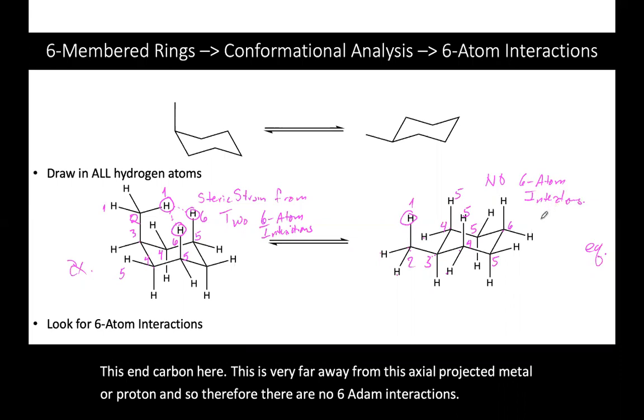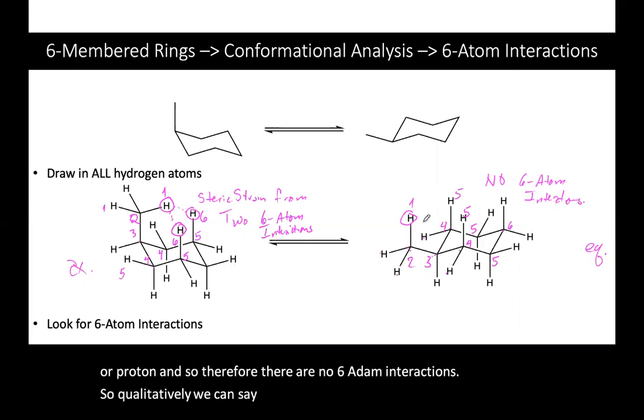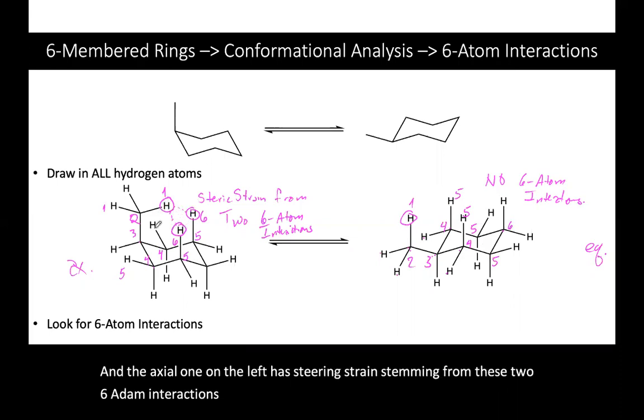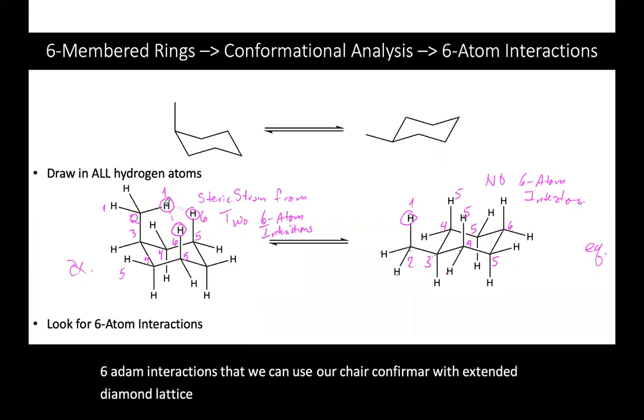So qualitatively, we can say that this doesn't suffer from any steric strain, and the axial one on the left has steric strain stemming from these 2 6 atom interactions that we can use our chair conformer with extended diamond lattice drawings and projections to identify.